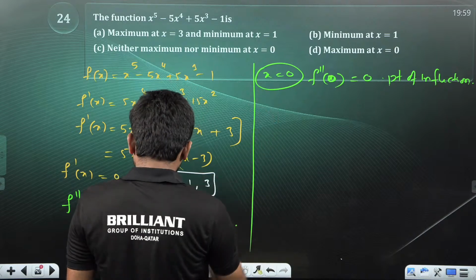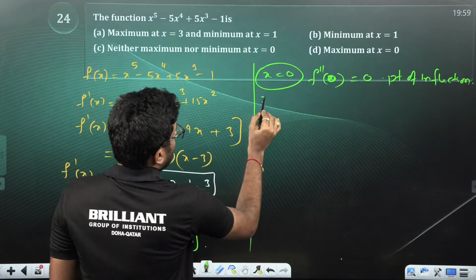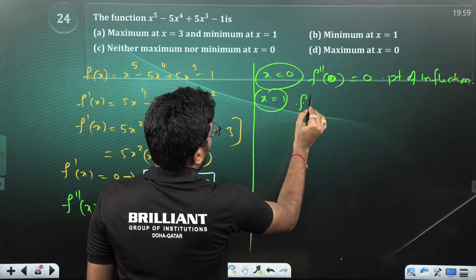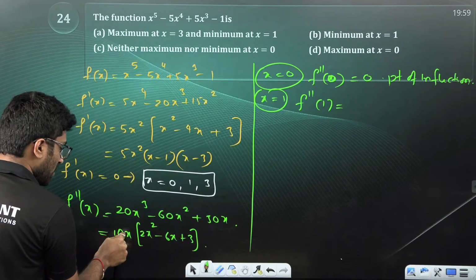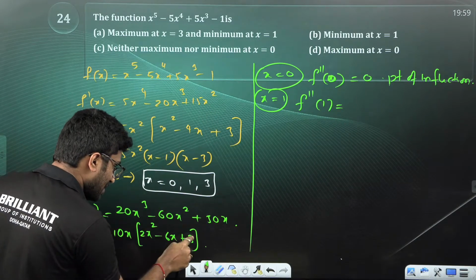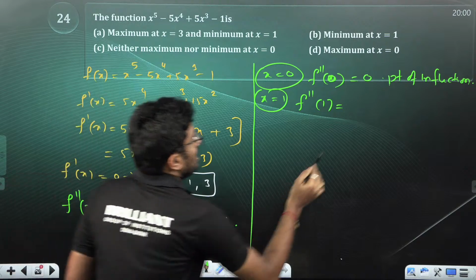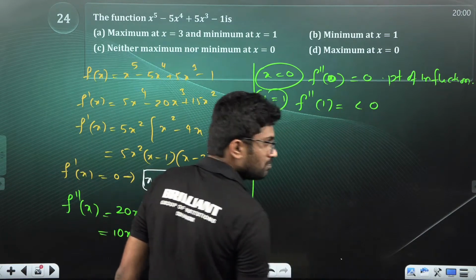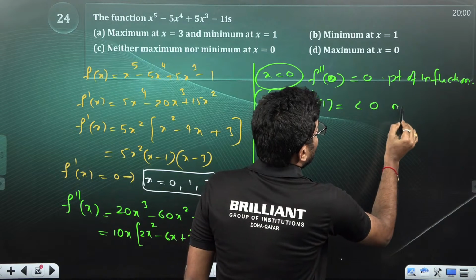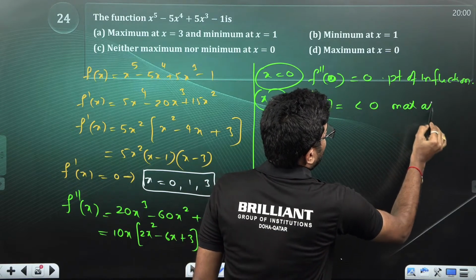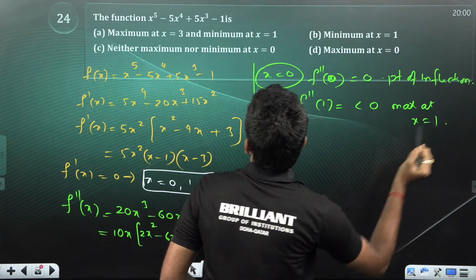Next, we'll check for x is equal to 1. What is f double dash 1? F double dash 1, if you see, 10 into 1, 10 into 2 plus 3, 5, 5 minus 6. F double dash 1 is less than 0, which means we get maximum at x is equal to 1.